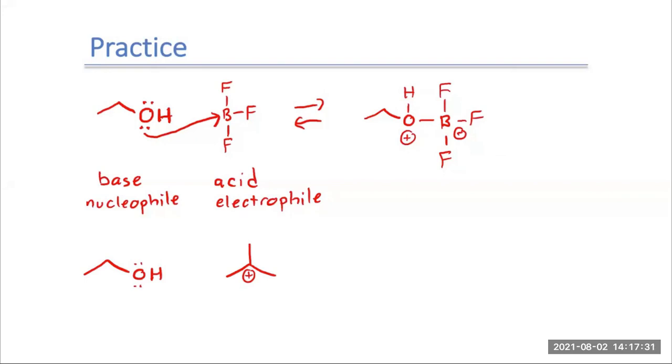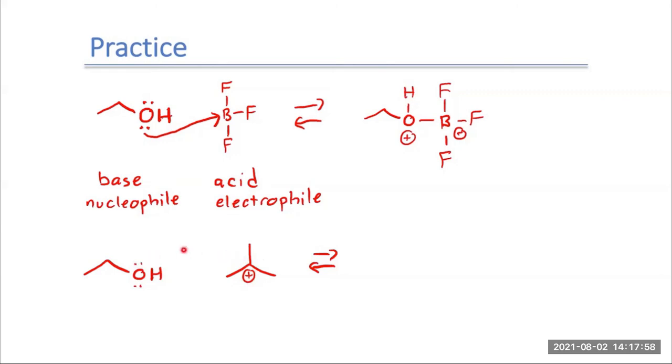Go. Okay. So hopefully you got the hint where I drew them still electron rich, still the nucleophile, still the base. Since there's a positive charge, very obviously electron deficient, which means electrophile, this has to be the acid.